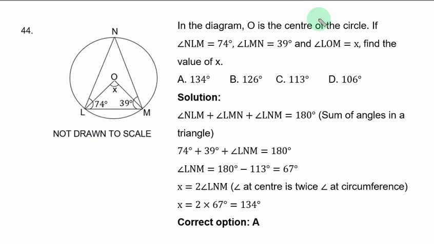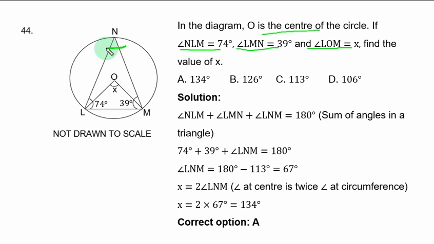Question 44. In the diagram, O is the center of the circle. If angle NLM is 74 degrees, angle LMN 39 degrees, angle LOM is S, find the value of S. To get S, we just need this angle because S is angle at center and is always twice angle at circumference.